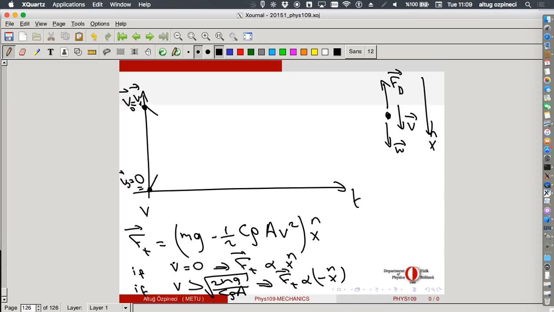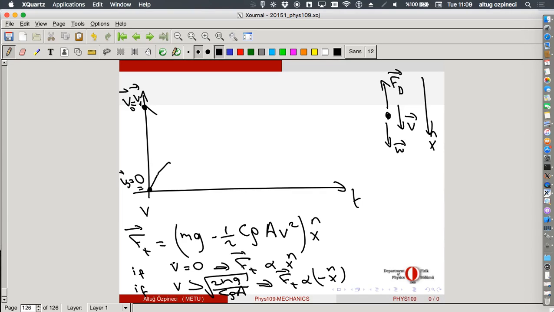Now this term is non-zero, it's becoming larger. Since this is becoming larger, the total force acting on it is becoming smaller. So its acceleration, its magnitude, is getting smaller. It is still accelerating downhill, but with a smaller acceleration. So the velocity as a function of time will not change so fast. It will change like this. It will change slowly.